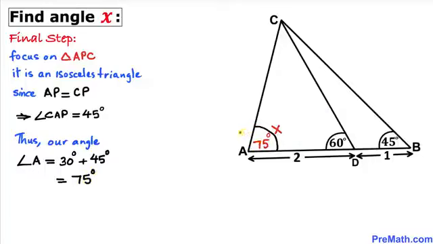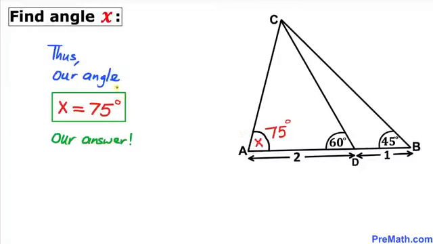So therefore, our angle A turns out to be 75 degrees, but we knew that this angle A is equal to x. So we conclude that our angle x turns out to be 75 degrees, and that's our final answer.